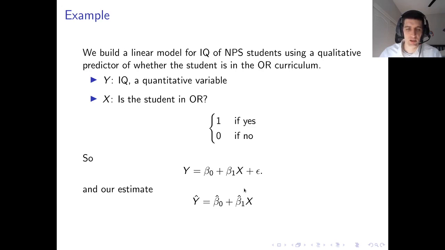Whereas if the student is not in OR, then x is 0, and our estimate is just beta 0 hat. So you can think of this beta 1 hat term as an adjustment to the intercept with the knowledge that the student is in the OR curriculum. We're building a way to modify our estimate of the intercept term with this binary predictor, which says: adjust the intercept knowing that the student is in a certain category.